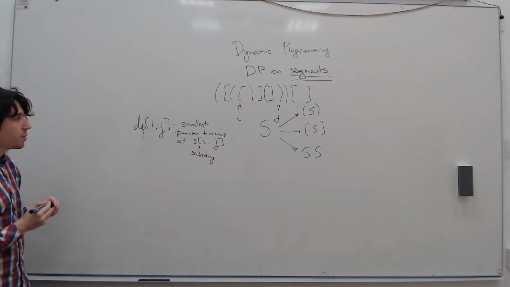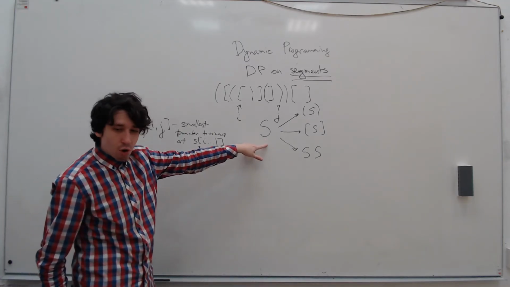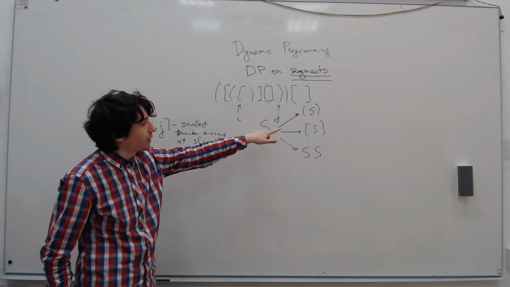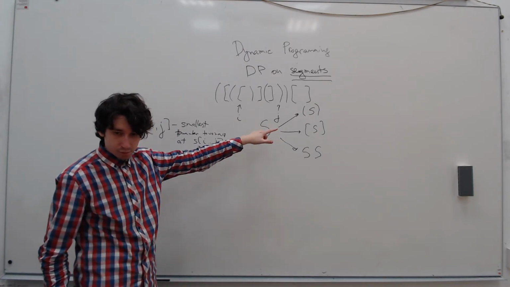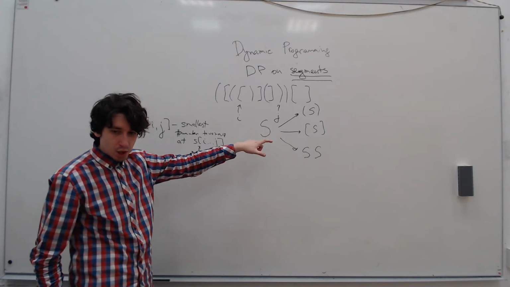Okay, so we want to calculate that. Then we know that each correct bracket sequence can look like that. It comes only in three different ways.